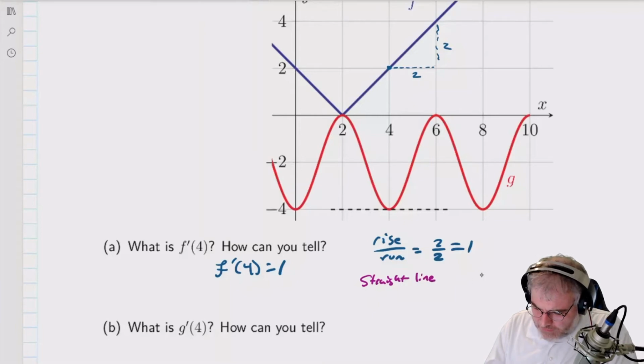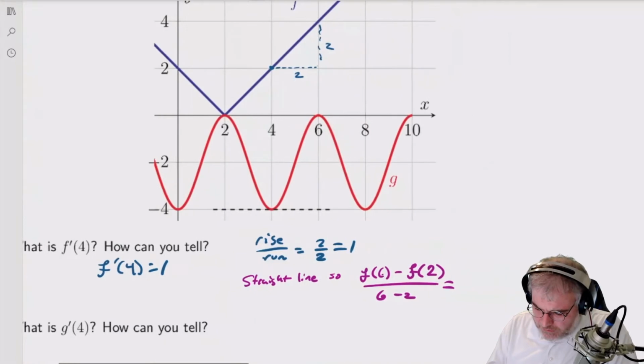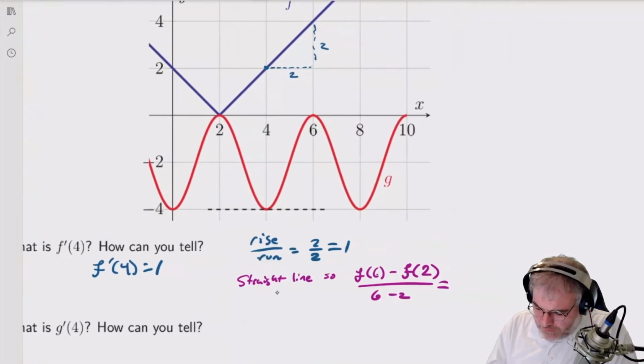Okay, and then I do f of 6 minus f of 2 all over 6 minus 2 equals slope.